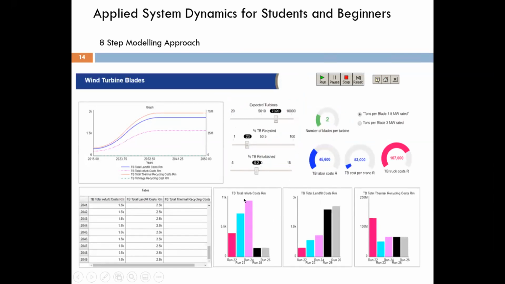This is just one of the engagement platforms that we've developed for a current project that I'm working on that's got to do with recycling renewable materials, in this case, your turbine blades, so that we can work on a circular economy.